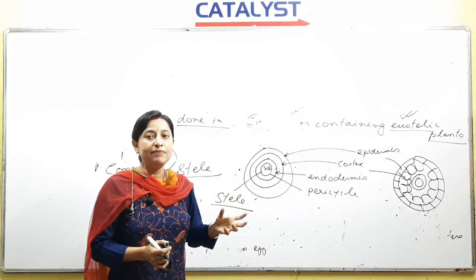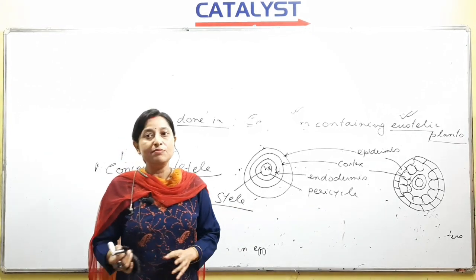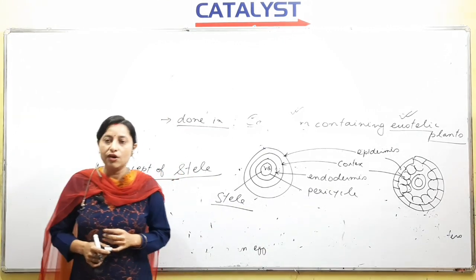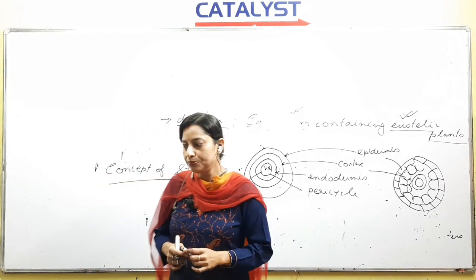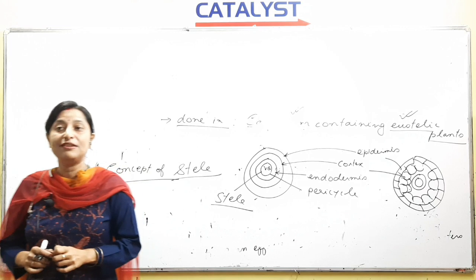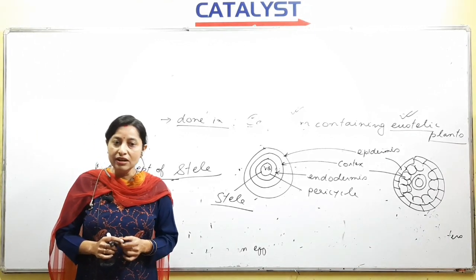What was the stele like in the most ancient plants, and what is the stele like in the most advanced or modern plants? If you are talking about ancient plants or lower plants, what are the plants that we know as lower plants? Algae and fungi are lower plants.